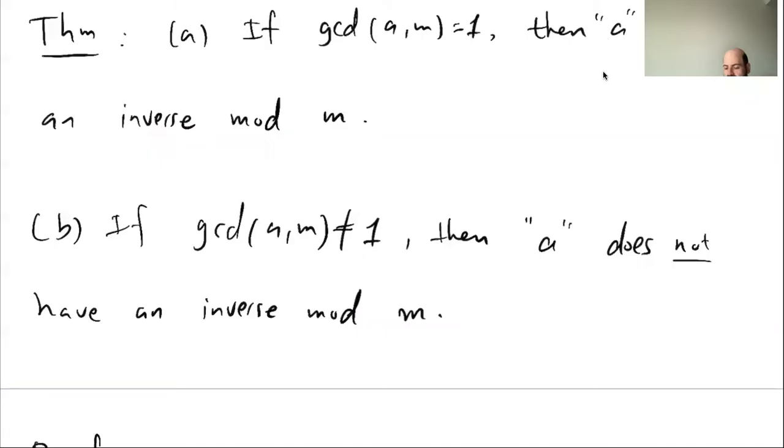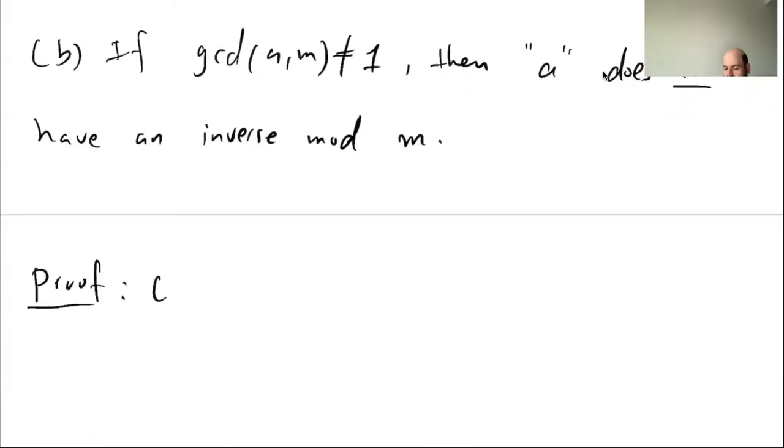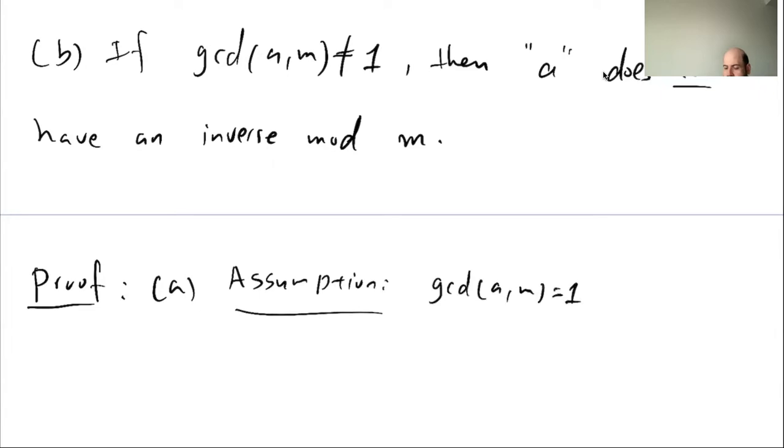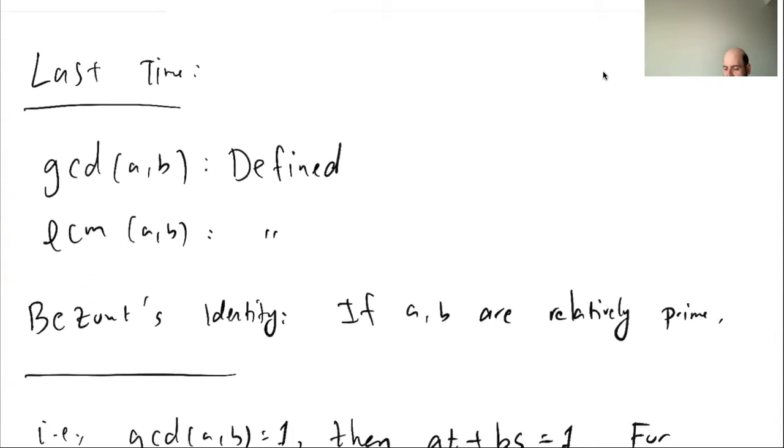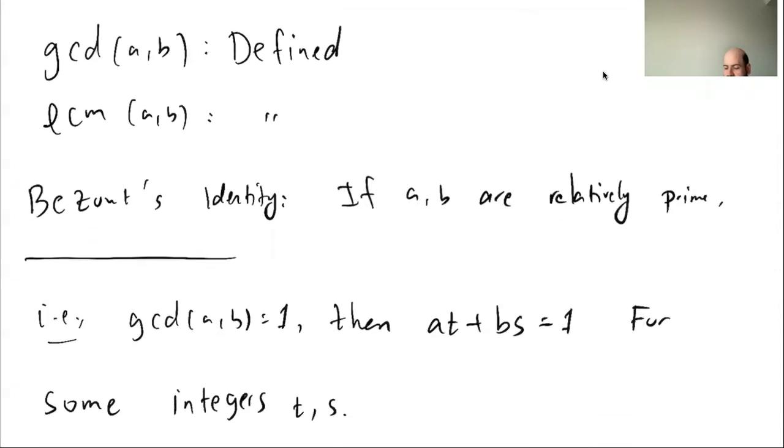Now, to prove the theorem for part A: what is the assumption in part A? The assumption is that GCD of A and M is 1. Now by Bezout's identity, which says if two numbers have GCD 1, then some linear combination of them is 1, like AT plus BS equals 1.